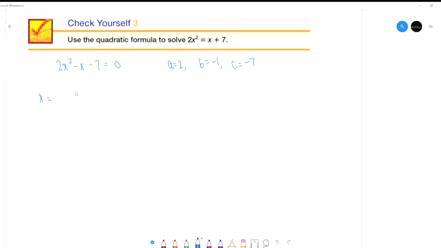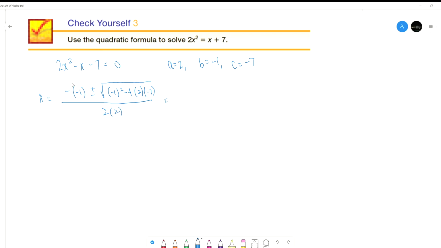So you get x is equal to -b. And even this, later on, you'll just probably write +1 there. Plus or minus the square root of b squared minus 4ac over 2a.